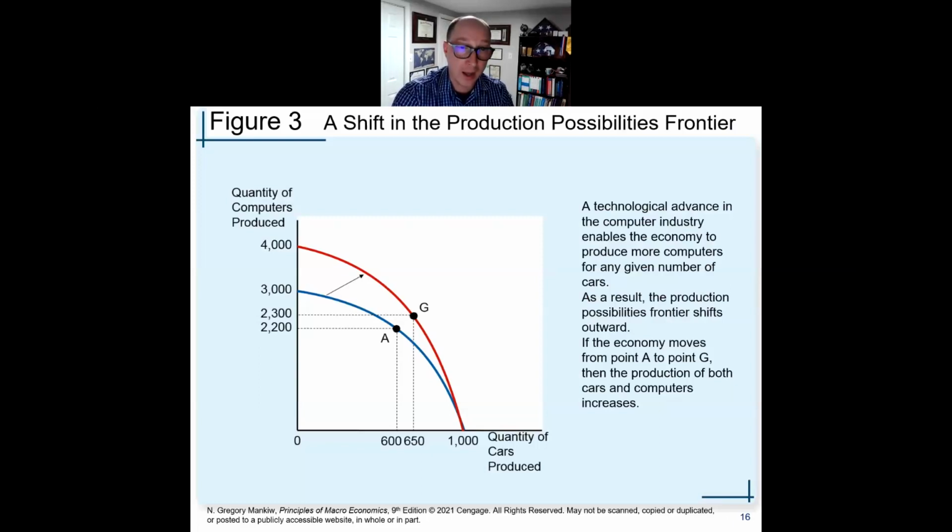When we see that shift to the right, we're adding on additional production. So a shift from point A to G, we have an increased amount of production in our computers and about a small increase in our cars. So I'm able to produce 100 more computers and 50 more cars. That's an increased level of production, a shift to the right of the production possibilities frontier, which means I have increased capacity to produce more based off of improved technology.